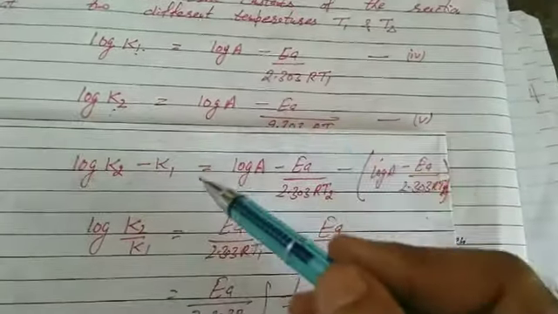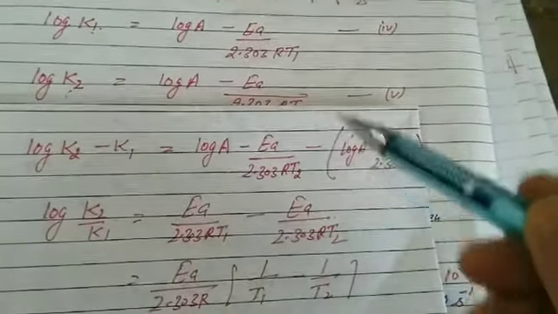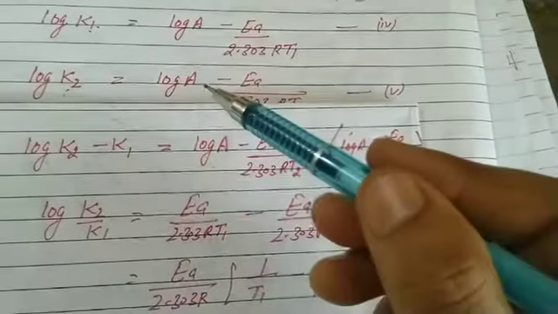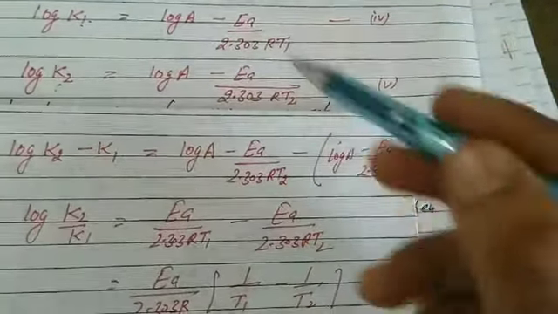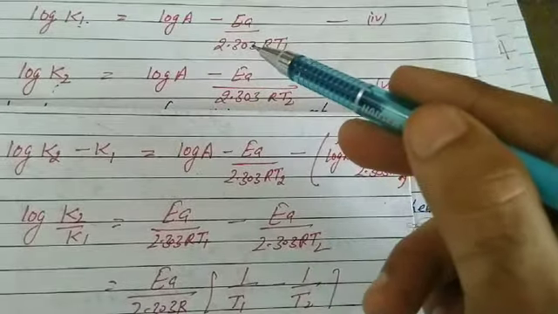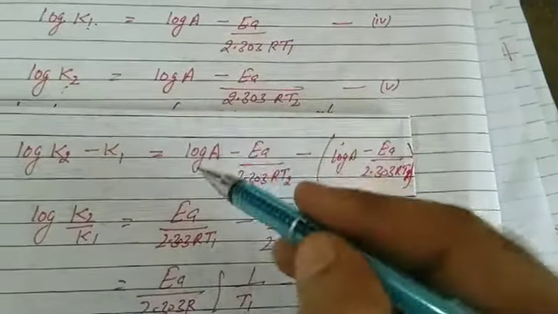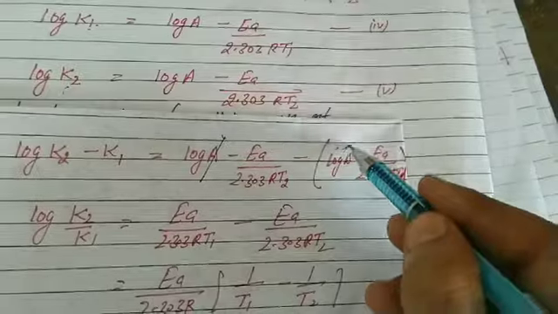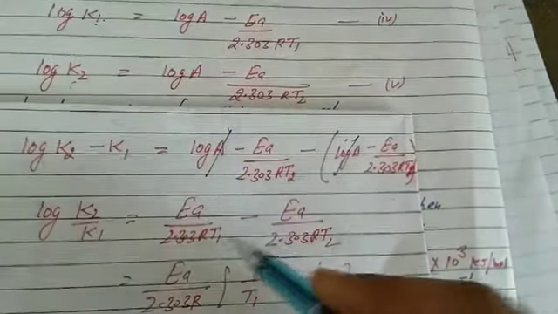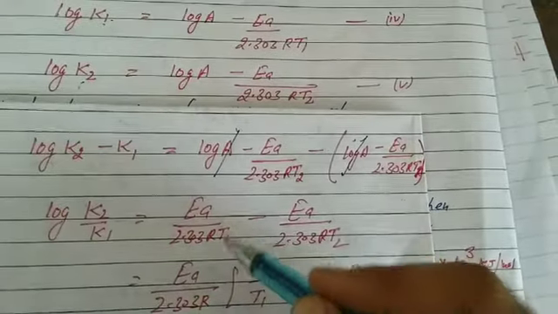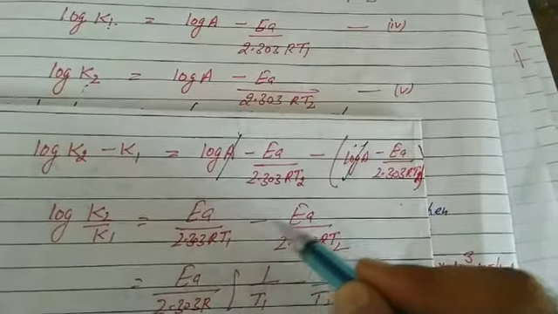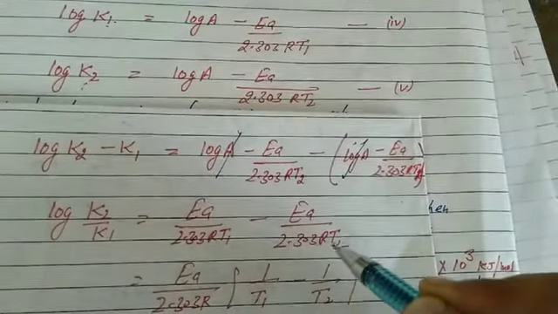Here I write directly. Now I am telling how I proceed. It is equal to log A minus Ea upon 2.303 RT2 minus log A minus Ea upon 2.303 RT1. Log A cancels, students. This term becomes positive: Ea upon 2.303 RT1 minus Ea upon 2.303 RT2.